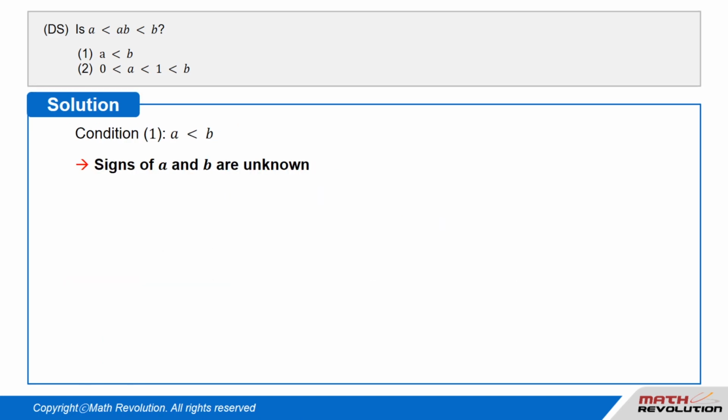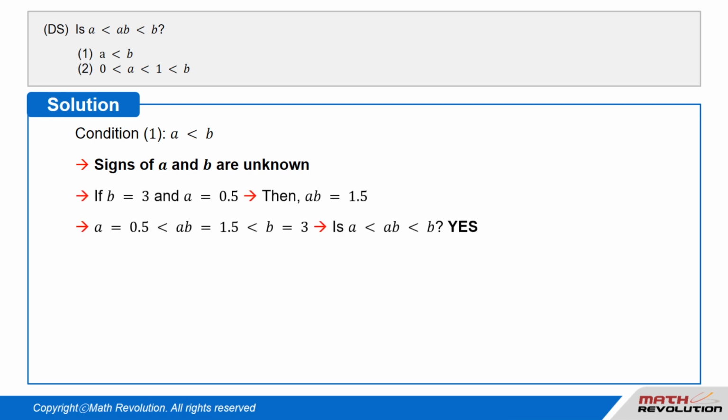Condition 1 tells us that A is smaller than B. However, we do not know anything about the signs of A and B. If B is equal to 3 and A equals 0.5, then A times B equals 1.5, and hence A equals 0.5, which is smaller than A times B, which equals 1.5, is smaller than B, which equals 3.